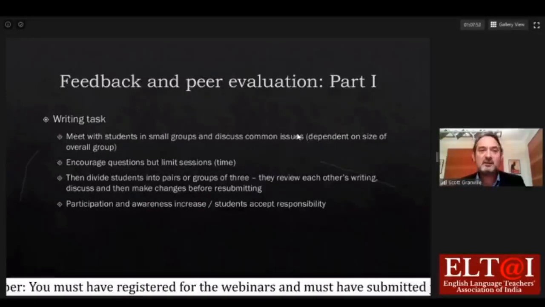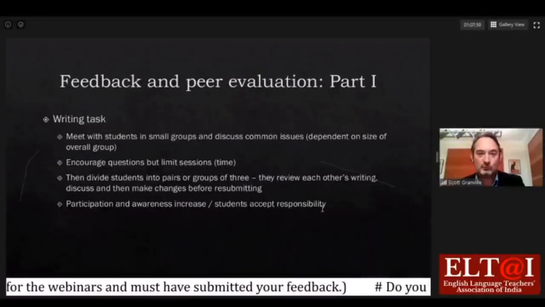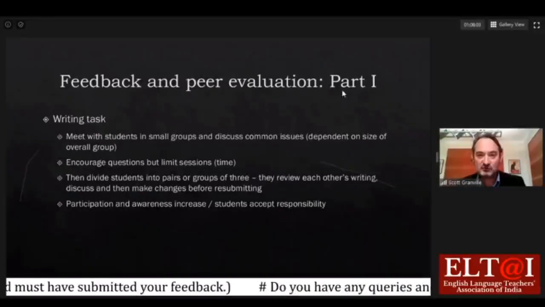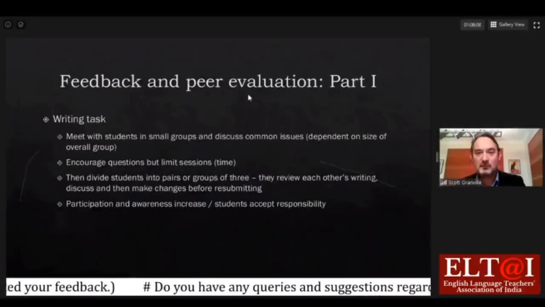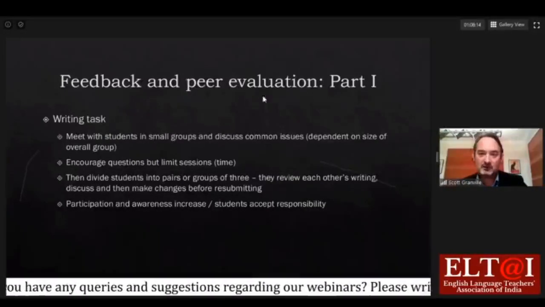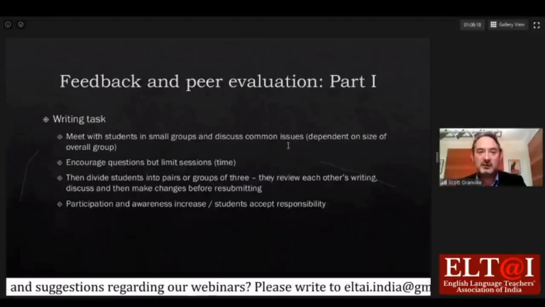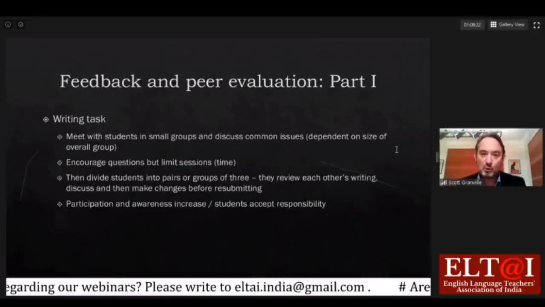Now, this would not be the summative final task, but in formative stages, what we could do is break up the groups, time dependent, into smaller groups of, let's say, 8 to 10 students. If the students have presented a piece of writing beforehand, rather than trying to identify individual errors within each piece of writing, we can put together some common issues, speak to a group, and then encourage questions within the smaller group.